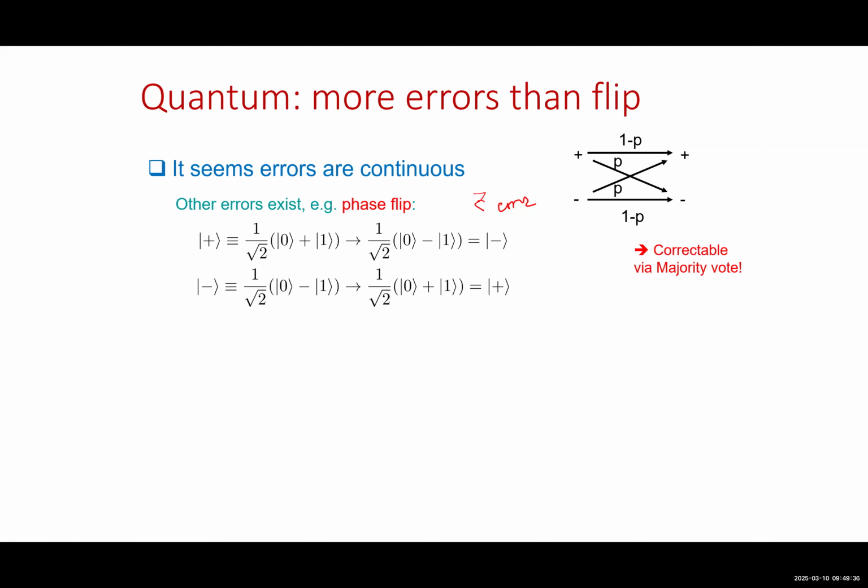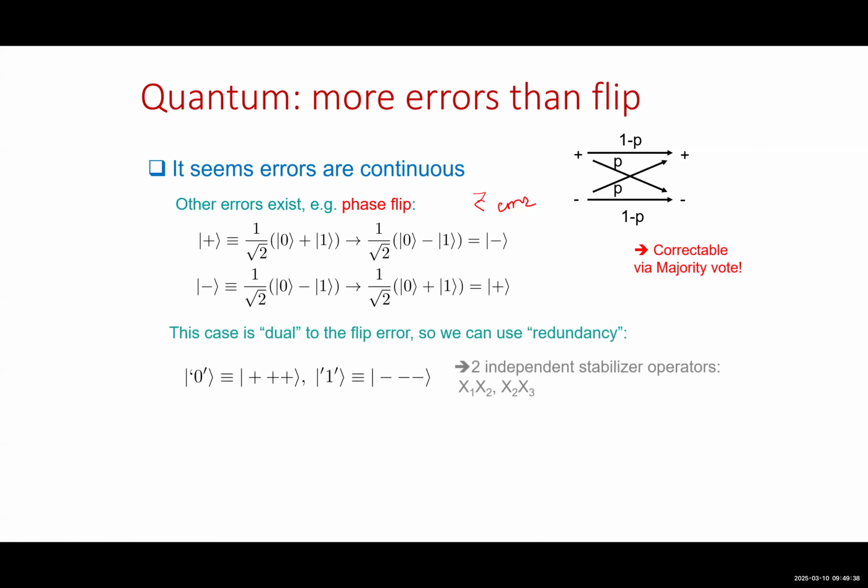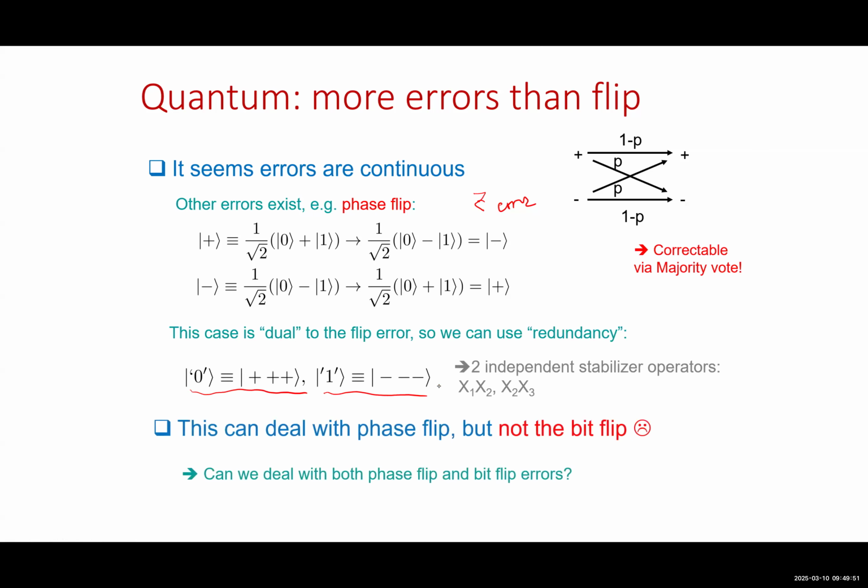You can also correct them if you are in the dual basis, the plus minus basis, if your encoding is that. So if we have a logical 0 encoded in 3 plus, logical 1 encoded in 3 minus, then a phase flip in the Z basis corresponds to a bit flip in the X basis. So this is equivalent, just by a Hadamard transformation, that you can deal with this error.